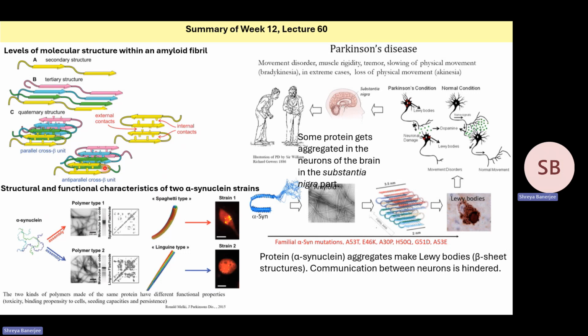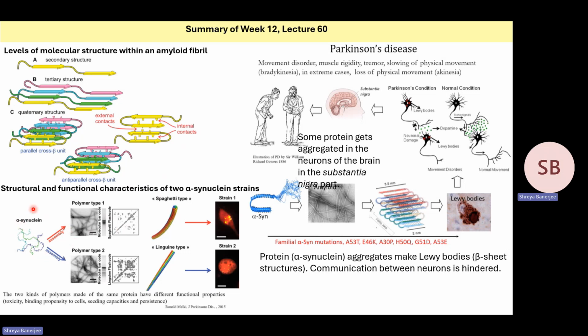The upper beta sheet is also anti-parallel. So this is called the anti-parallel cross beta unit. So this is quaternary structure. Like this, the aggregation forms. Initially, you might have only one beta strand, but multiple beta strands come together to form beta sheets. And one beta sheet can fold over another beta sheet to form quaternary structures. So like this, the aggregation keeps happening.